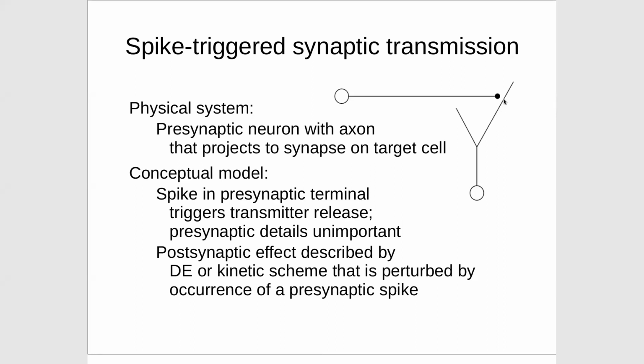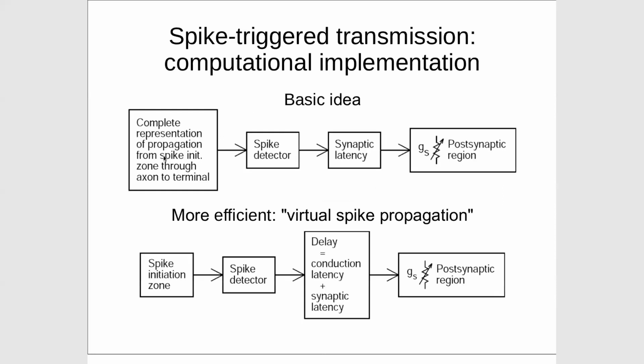In the postsynaptic cell, our conceptual model is that there's a differential equation or kinetic scheme that is perturbed by the fact that a spike happened in the presynaptic terminal. So our basic idea is that we have a complete representation of the presynaptic cell, including propagation from the spike trigger zone through the axon to the terminal. And at the terminal, we attach a spike detector.